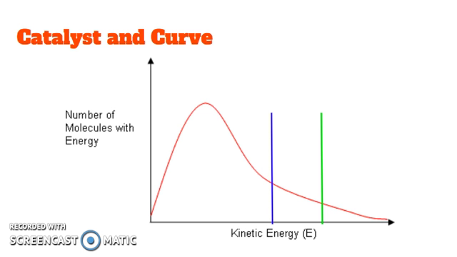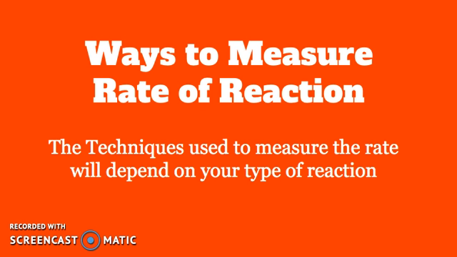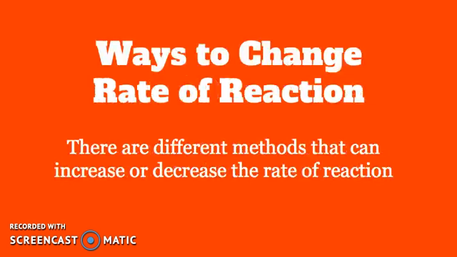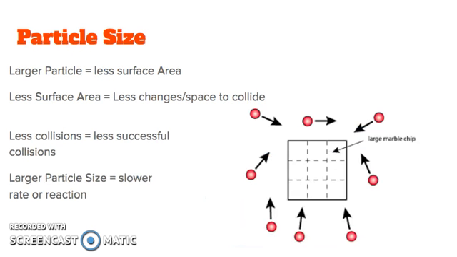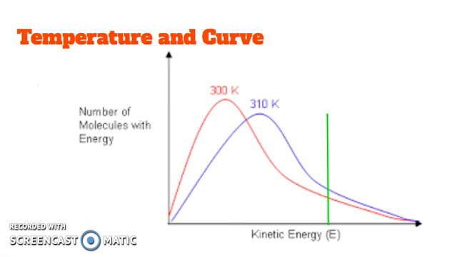You must be able to explain what the rate of reaction is. You must know the ways that you can measure the rate of reaction. You must understand and be able to state the collision theory. Most importantly, and this is the best part because it falls on every exam, you must be able to explain the ways to change the rate of reaction: temperature, concentration, particle size, pressure, addition of a catalyst, and you must be able to draw these 2 curves.